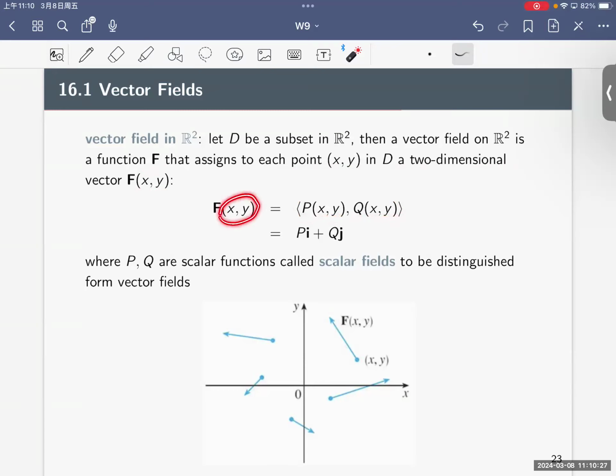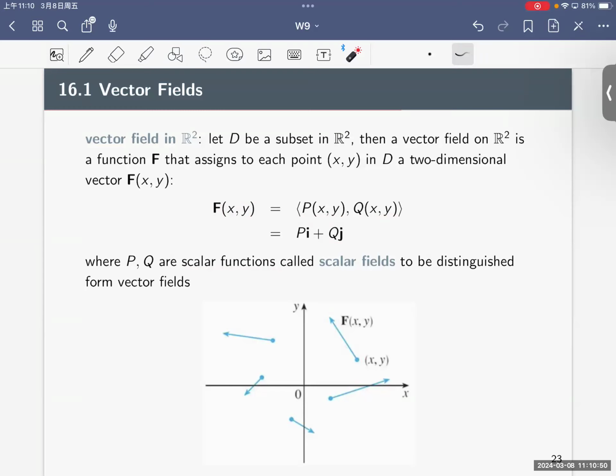The x component of the vector, let's write it as p of xy, and the y component, let's write it as q of xy. Or in another form, I can write pi plus qj. So p and q are scalar functions.